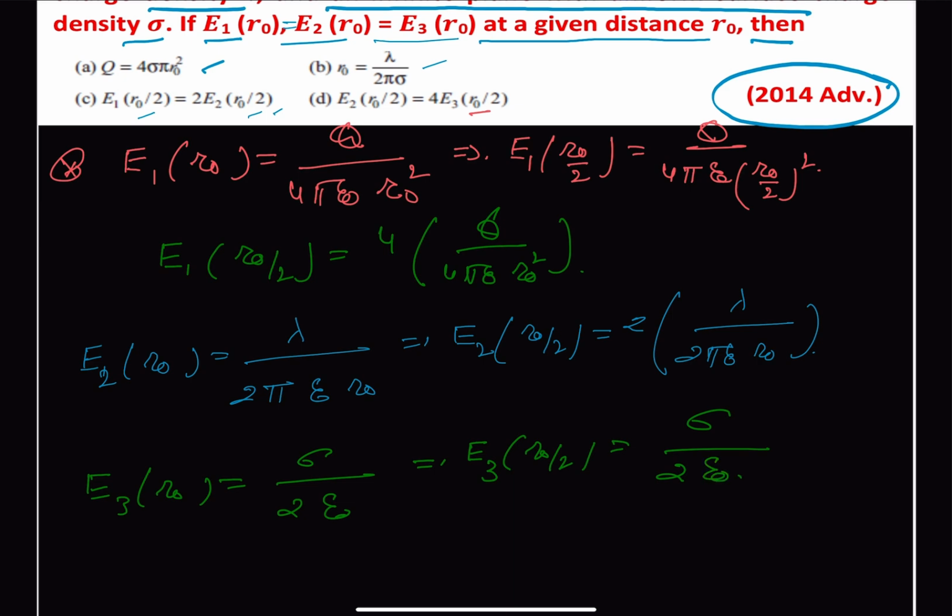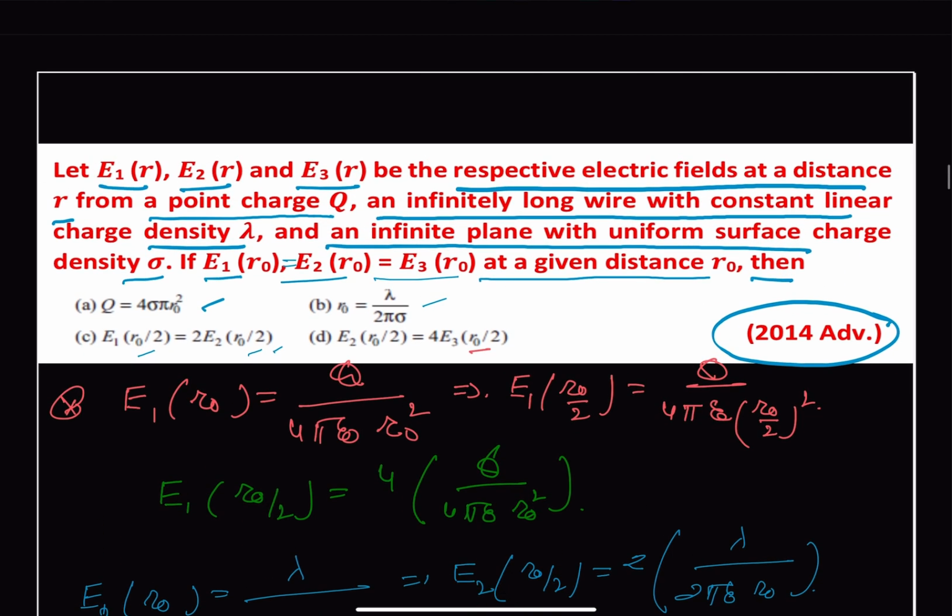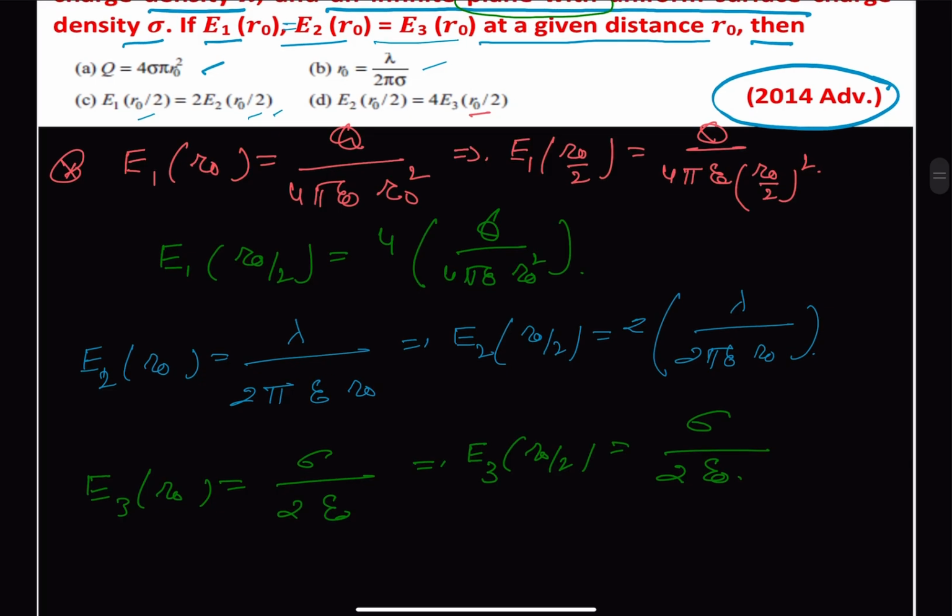Here we have to remember that E1 is the electric field because of the point charge, E2 because of the long wire, and E3 because of the infinite plane. That's why all three formulas are different.